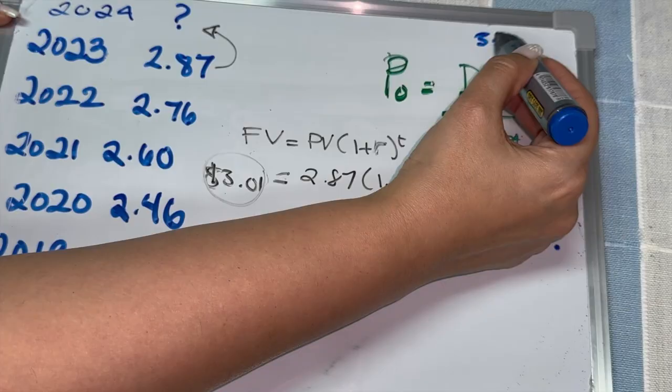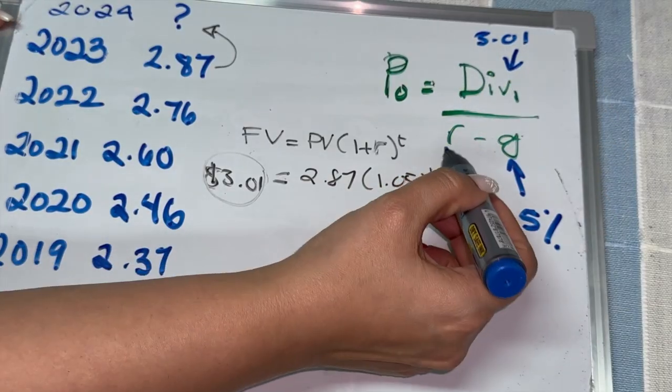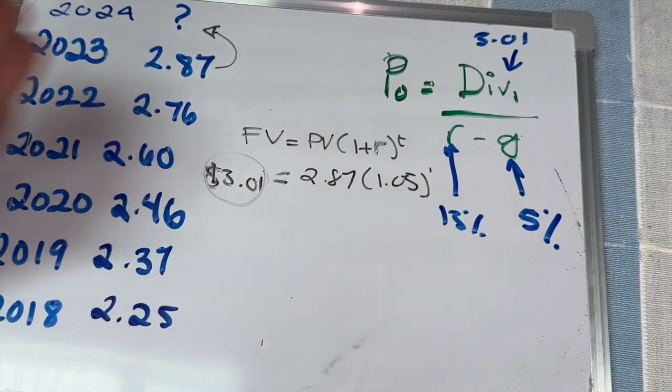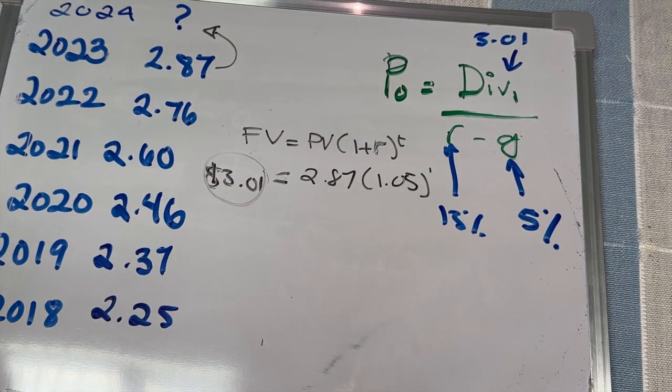That is the next dividend, and this is the number I'm gonna put here for D1. It's 3.01. The R, it's given in the problem that it's 13%. Once I have all these numbers, I can put them in and I'll calculate them to get the price. Pause the video, do your calculation, then check your number.